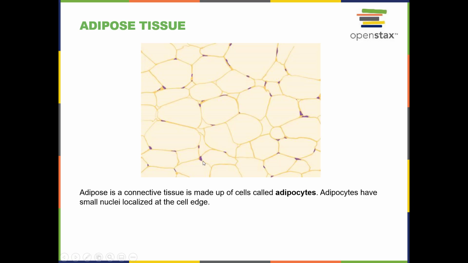The cell is so full of fat that the nucleus gets pushed all the way to the edge. So it's really hard to tell, but each of these purple dots represents a nucleus that belongs with one of these adjacent cells. So adipose does not have much matrix, it's mostly cells.